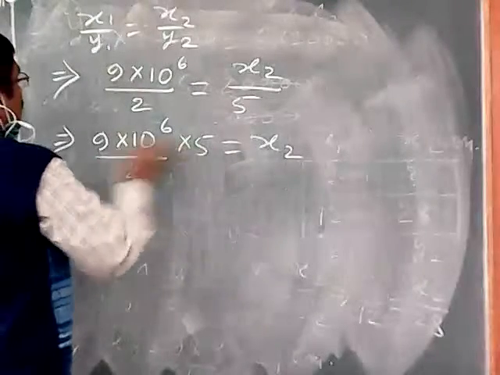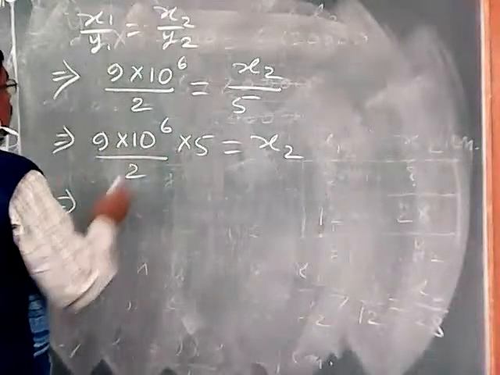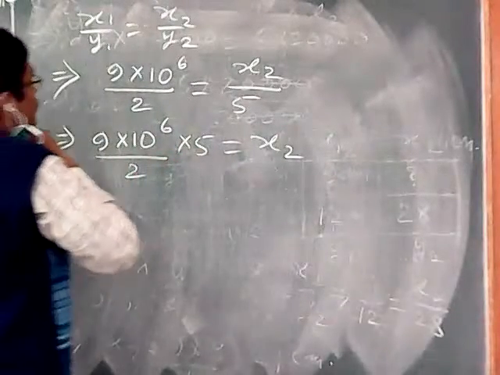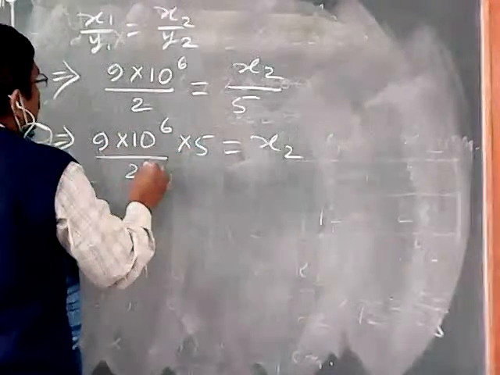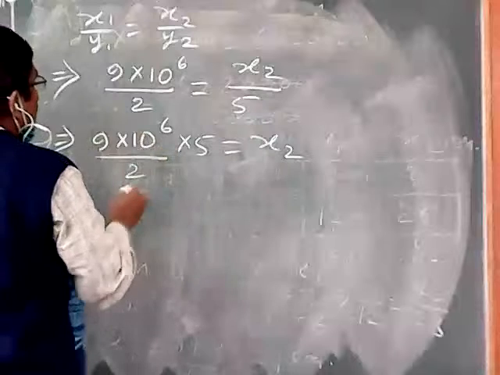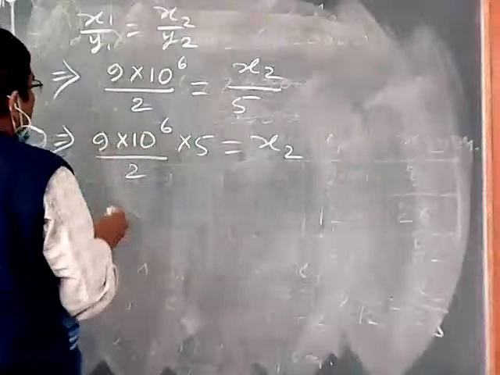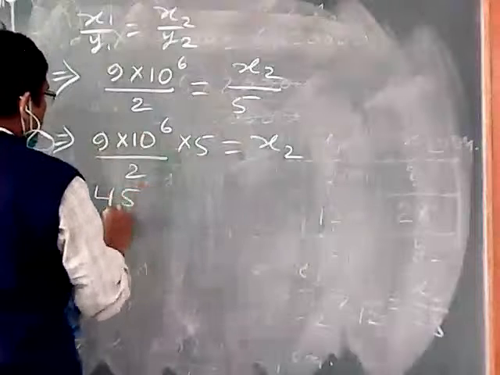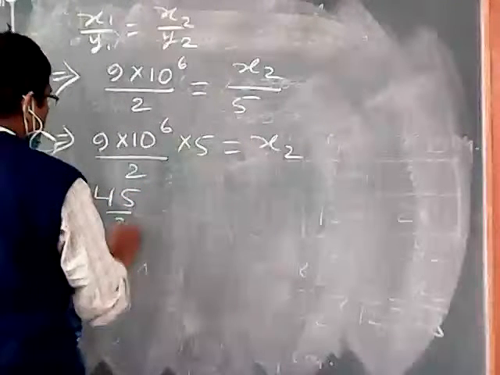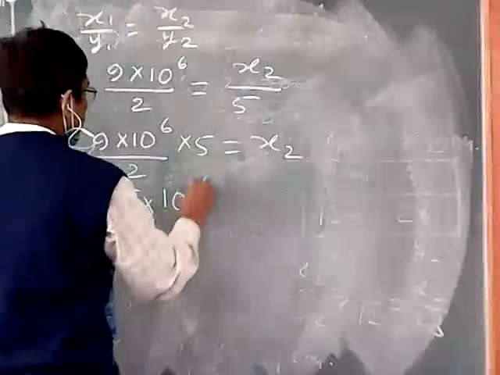So x2 will be 9 by 45 by 2 into 10 to the power 6.